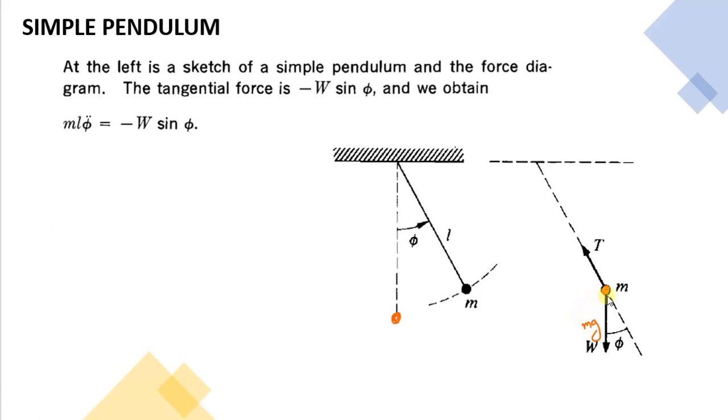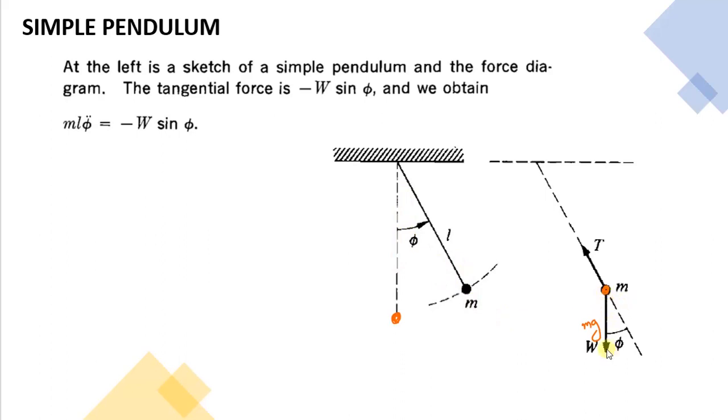Now we can split this weight into two components. If the pendulum is displaced from the equilibrium position through an angle phi, and we extend the line along the length of the pendulum, you will get this angle also equal to phi, because the string of the pendulum makes an angle phi with the vertical.